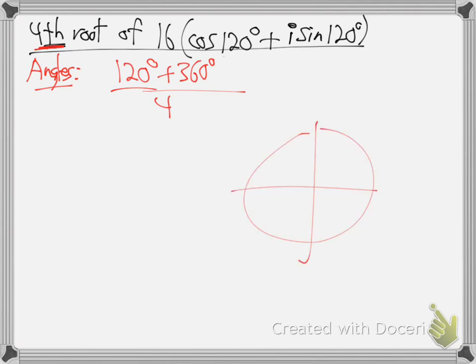Here I'm at 120, just a little past 90. I'm at 120, or I'm at 120 plus a rotation. Same spot, right? So 120 plus a rotation will also work because it's the same spot. In other words, that's how you find the extra answers.